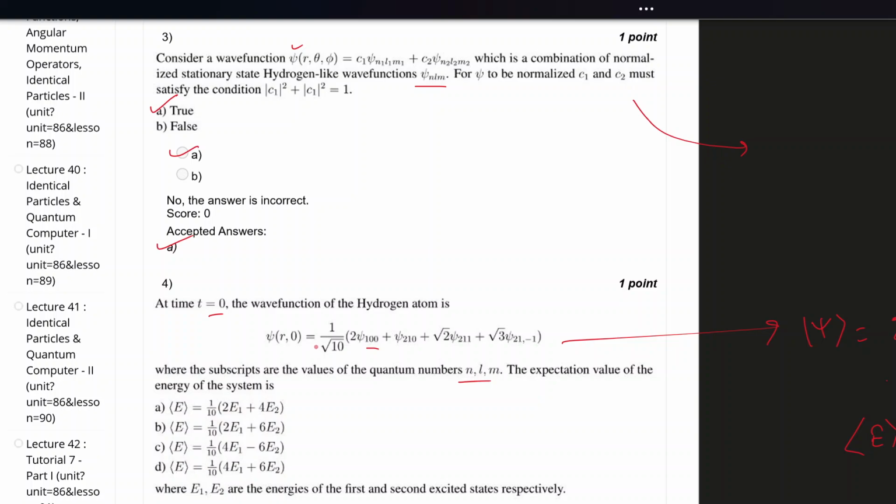So 1 by root 10 gets squared to 1 by 10, and then 2 squared times E1, plus 1 squared E2, because there is no coefficient here, plus root 2 whole squared times E2 again because n equal to 2, plus root 3 whole squared E2.